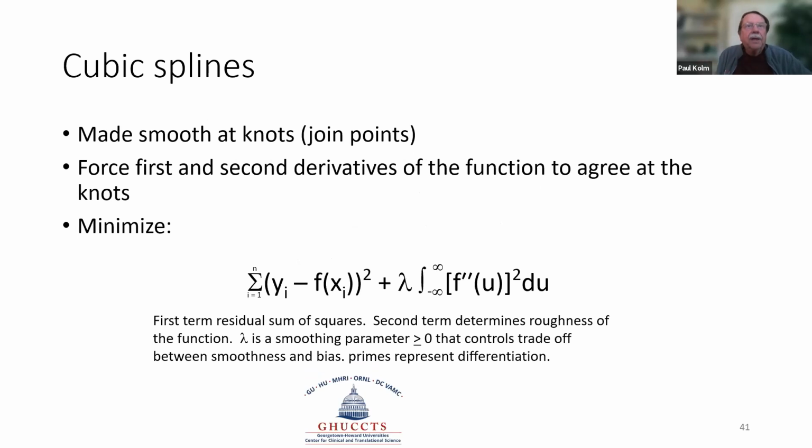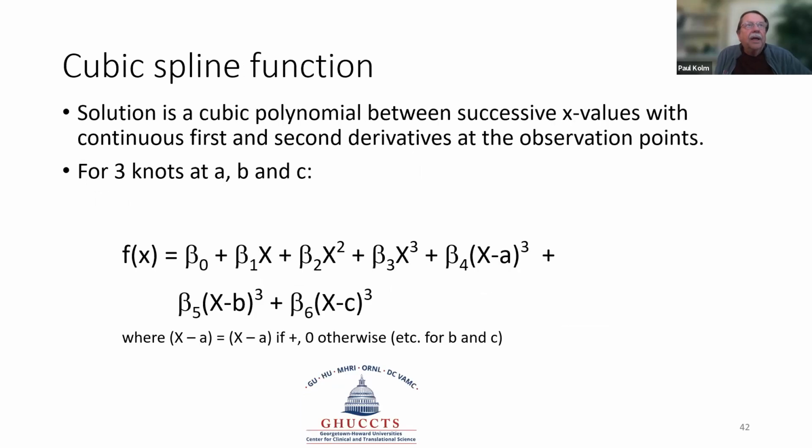I won't go into the details here. You can look at these later on and on your own. And then cubic splines are what is typically used. A cubic spline actually gives a better fit than linear splines.